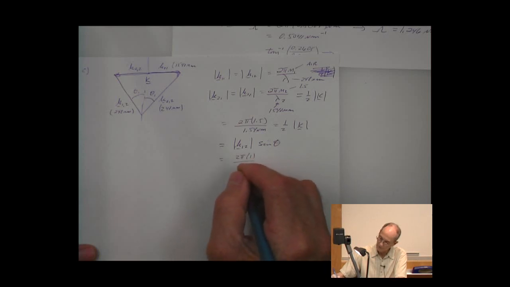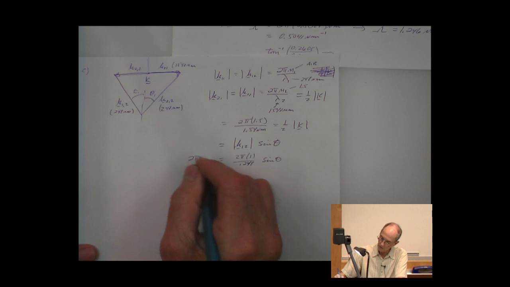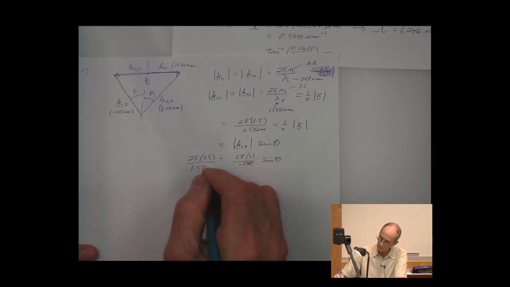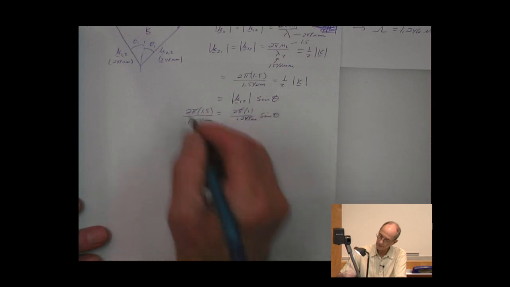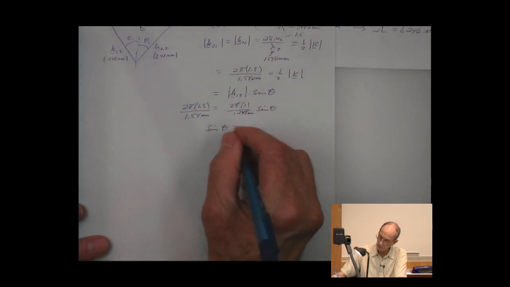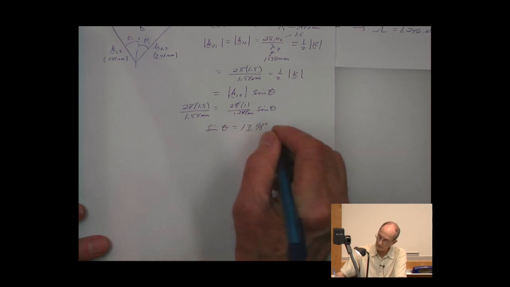So we can say this is 2 pi times 1 over 0.248 times sine of theta is equal to 2 pi times 1.5 over 1.54 microns, okay? And so we end up with sine theta is equal to about 14 degrees, 13.98 degrees in air.